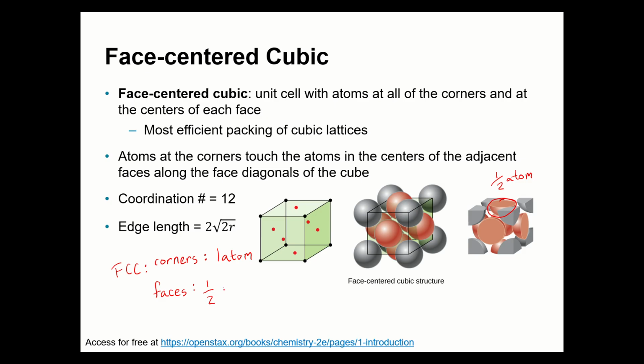Okay, so we have 1/2 times the 6 atoms for the 6 faces of a cube. And 6 divided by 2 will give us 3 atoms. Plus the 1 atom from all the corners gives us a total of 4 atoms. So the mass of a face-centered cubic cell should have a mass of 4 atoms. Again, very important for our calculations.